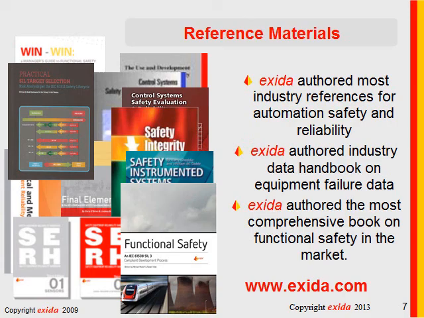I'm proud to say that exida has many of the world's top experts in functional safety, cybersecurity, and reliability. We have authored most of the industry references for automation, safety, and reliability. We have published industry data handbooks for component data and equipment data, and we've authored some of the most comprehensive books on functional safety in the market.